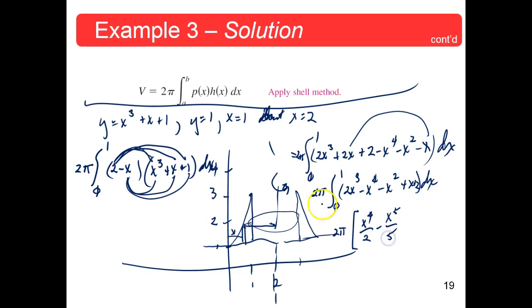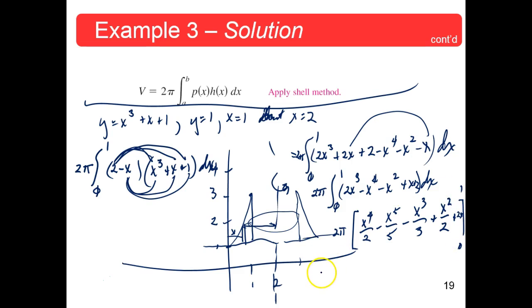X to the 5th over 5, is that what you said? Say yes. Okay, good. Minus x cubed over 3 plus, that's an x up there. So what is that? X squared over 2 plus 2x.